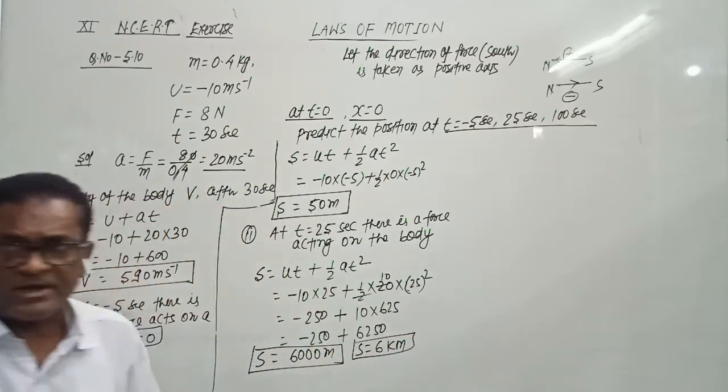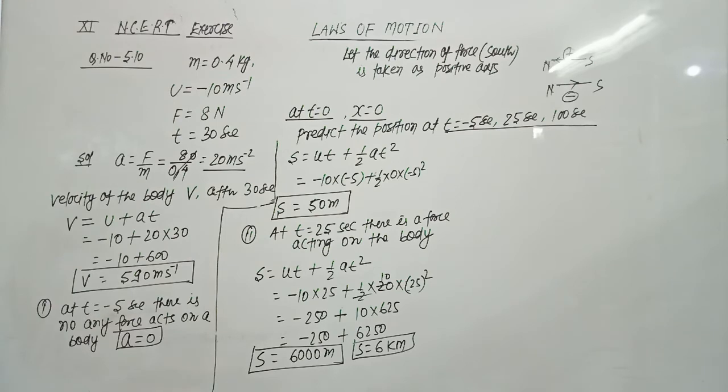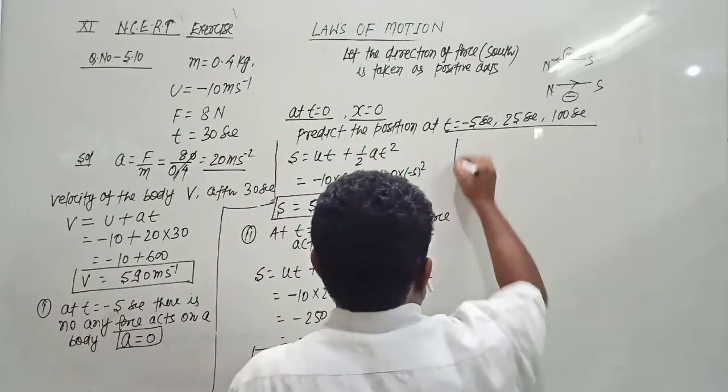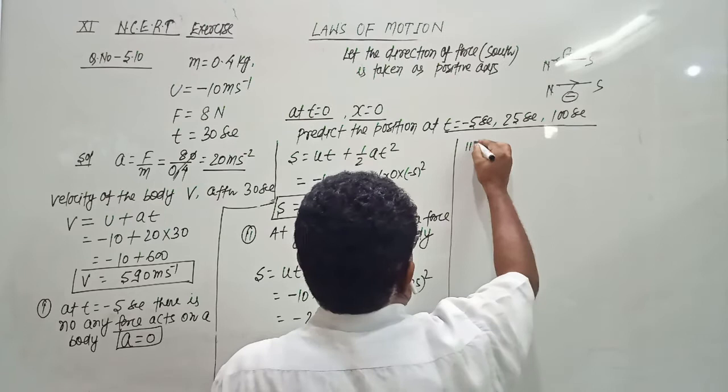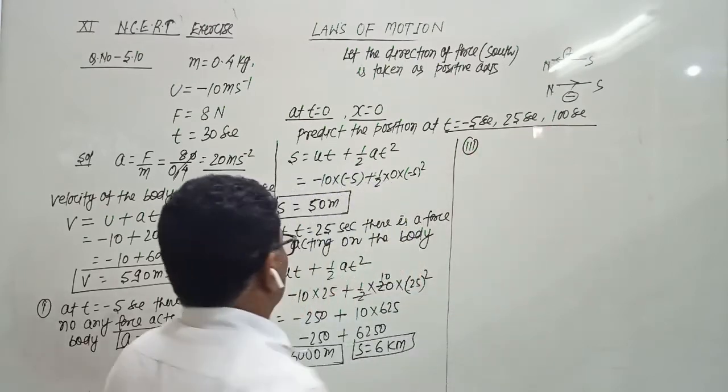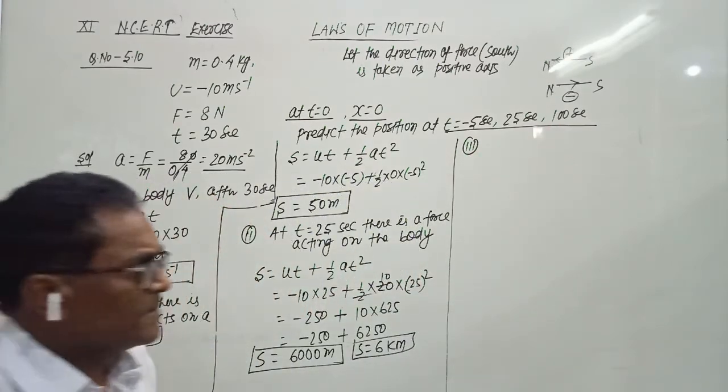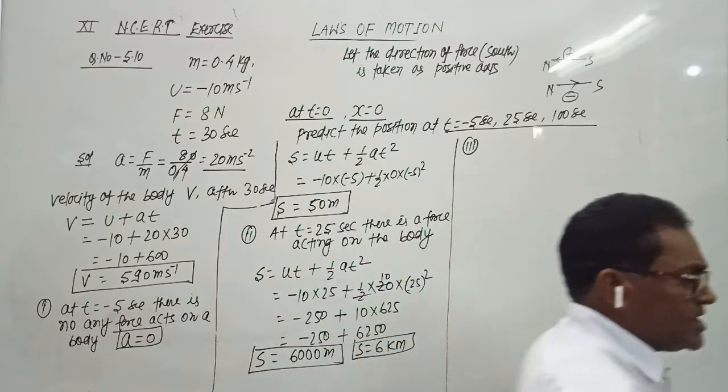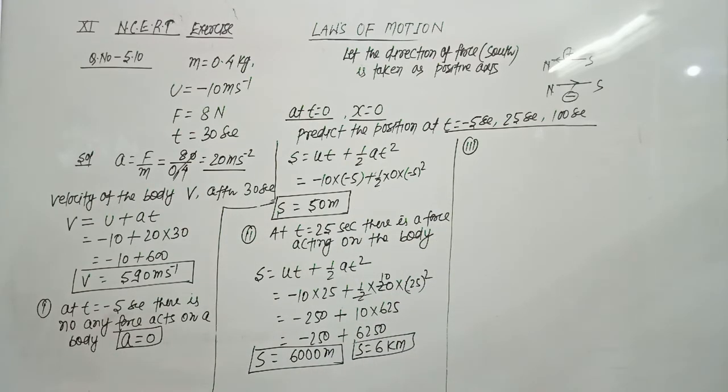Now the third part is we have to calculate the position of the body at time t equals 100 seconds.